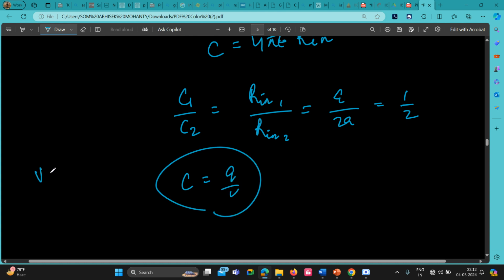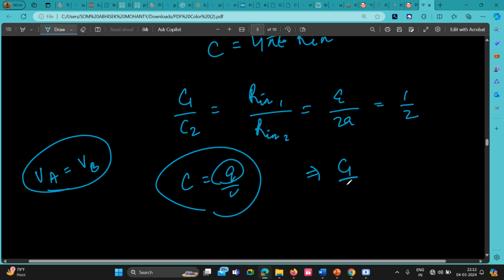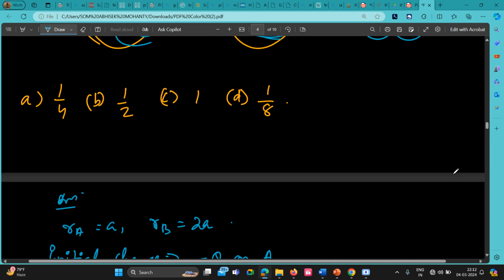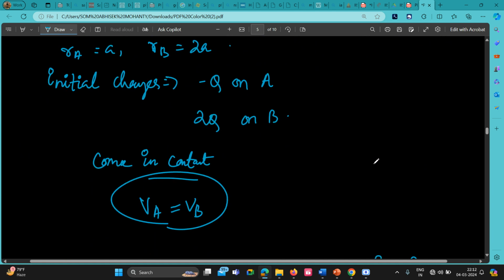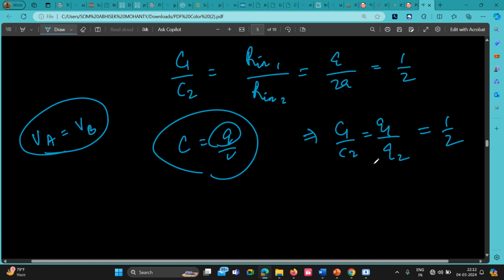Here the potential is the same for both, because they come in contact. So only charge is varying. So C1 by C2 is equal to Q1 by Q2 is equal to 1 by 2. That is the question, right? What is the ratio of the final charges? So that will be the answer.